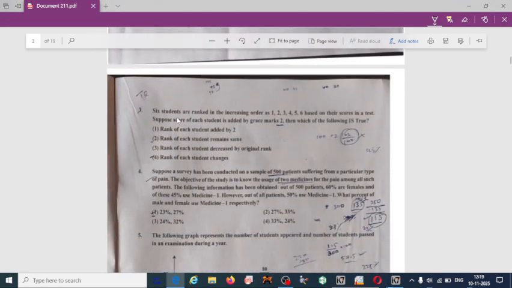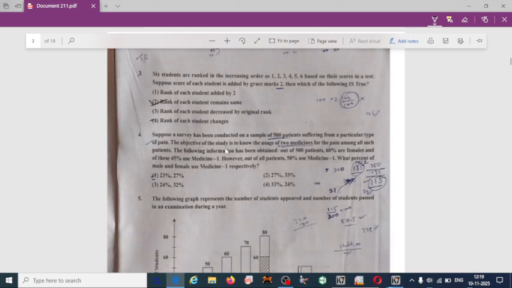So the next question, 6 students are ranked in the increasing order 1, 2, 3, 4, 5, 6 based on their scores in test. Suppose score of each student is added by grace mark 2, then which of the following is true? So this is option 2, rank of each student remains same.